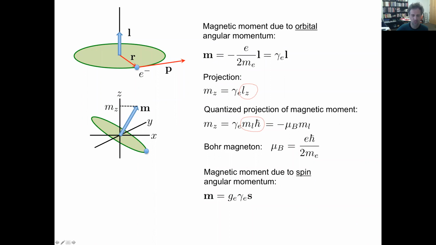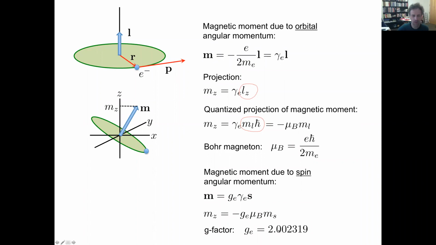The relation is given right here. It's again gamma e times the spin, but then times another prefactor, which is called ge. This factor has the magnitude of 2.002319. So it's almost 2, but not quite.